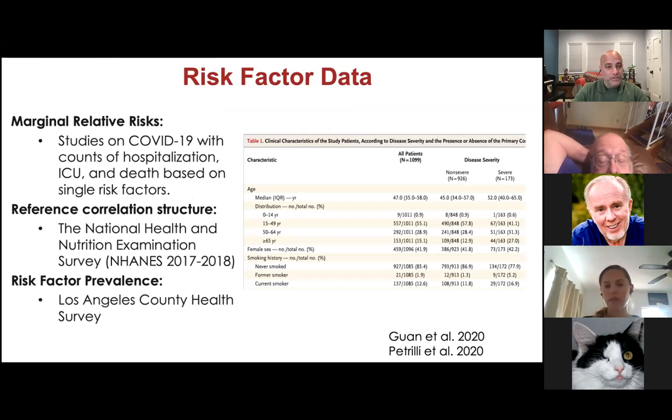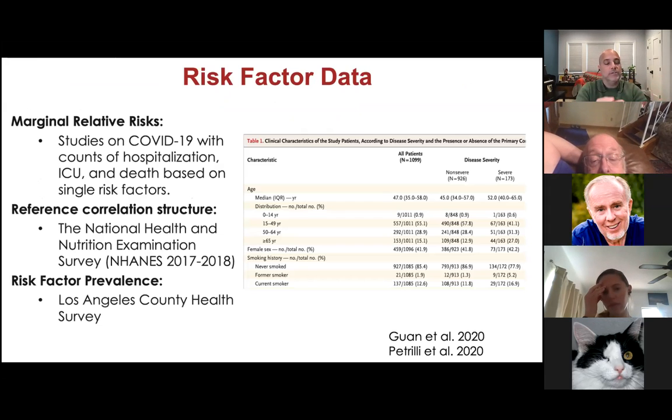And I'm not going to go into detail here about that approach, because I've talked about that before in the Biostat seminar. But what it does is use marginal estimates of relative risk, and we're able to get that from previous studies, mainly out of China, where they presented data shown in this table in terms of those that have disease severity.